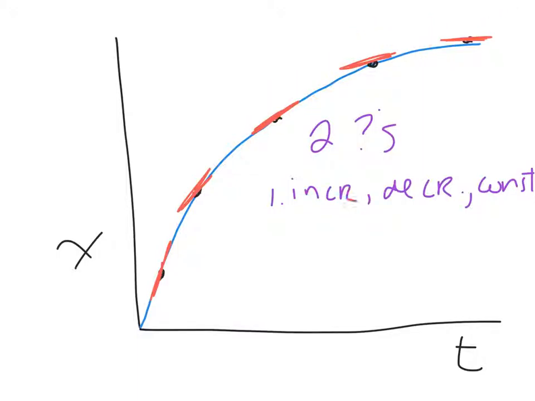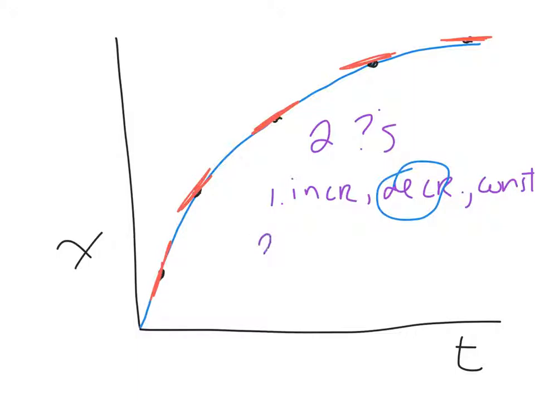That would be increasing. Are they getting shallower as you go? That would be decreasing. Or are they all exactly the same? That would be constant. So first question, are those slopes increasing, decreasing, or constant? In this case, these slopes are getting shallower, so they're decreasing.